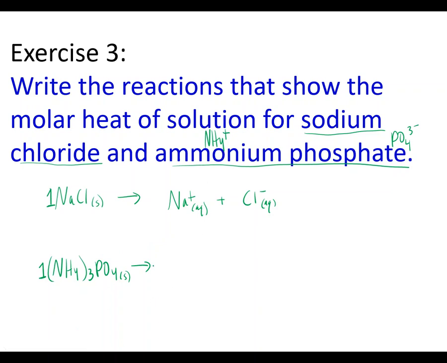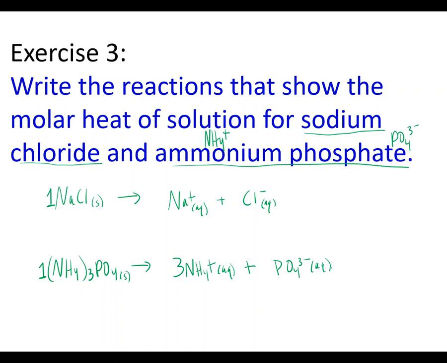So what does the reaction look like over here? For every 1 mole of this, what are we going to get in terms of our ions? How many ammonium ions? When one of these breaks apart, we're going to get 3, good. 3 ammonium ions plus 1 of the phosphate ions.